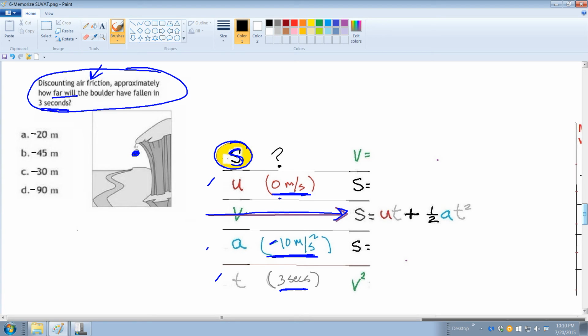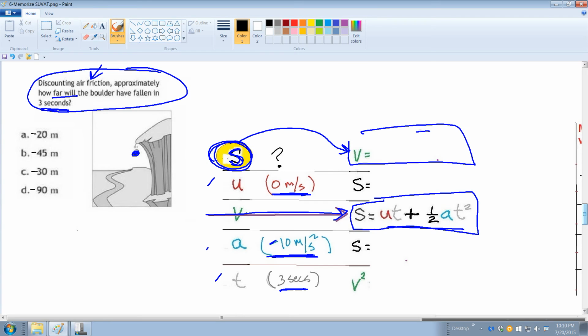So let's really understand now, why does that lead us to the equation that we need? Well, because remember, the S is affiliated. When we circle the S, we are saying that this equation that's affiliated with S doesn't have S in it. There's no S in this first equation.